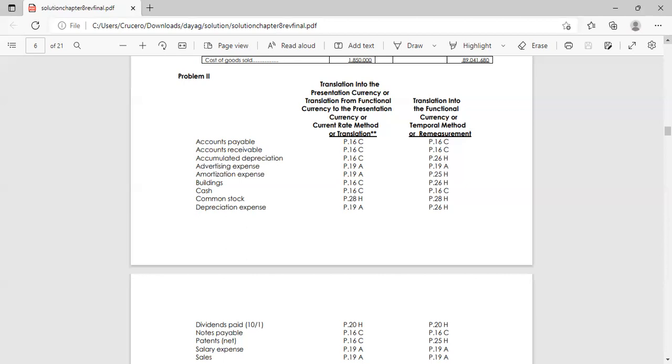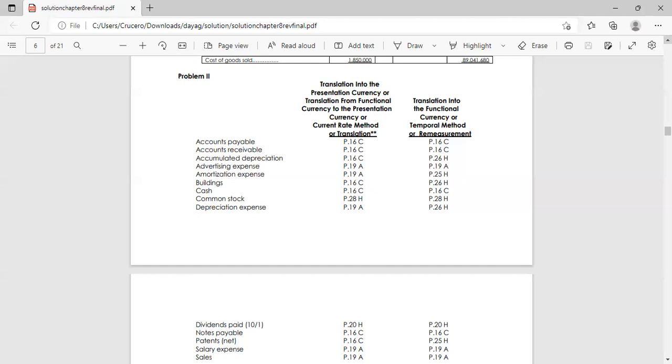For subsidiaries that have been acquired by the parent, the exchange rate on the date of acquisition serves as the historical rate for items that were acquired before the date of acquisition of the subsidiary by the parent. And it stated that the building was acquired in 20x2. The historical rate applicable in 20x2 is 0.26.